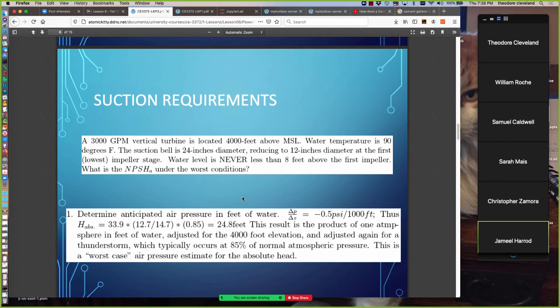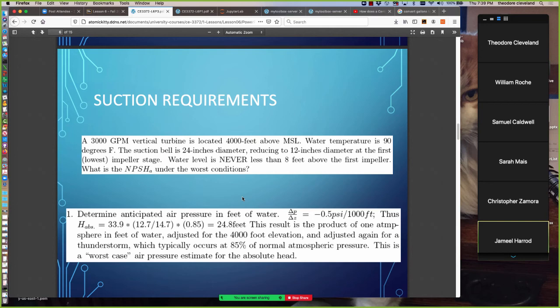So the absolute pressure in that instance is 33.9 feet of water multiplied by 12.7 psi, which is the 4,000 foot air pressure, divided by 14.7 psi, which is the sea level air pressure, multiplied by 0.85 for a net result of 24.8 feet.